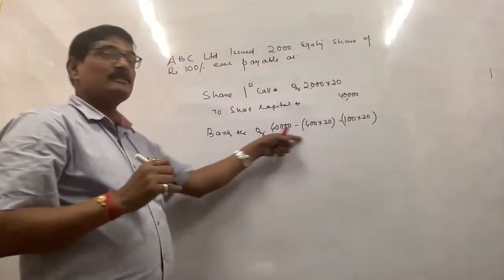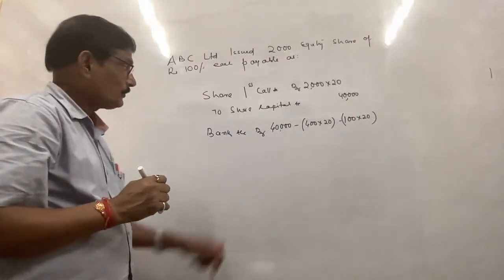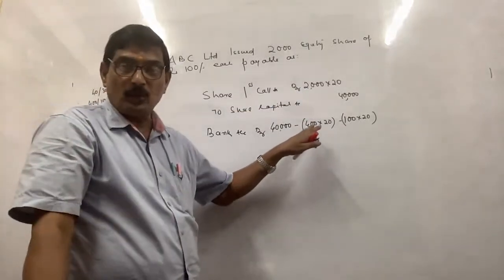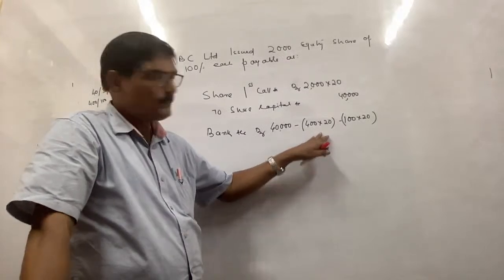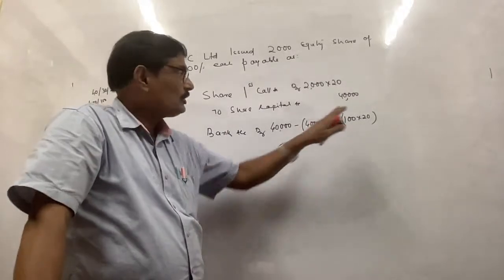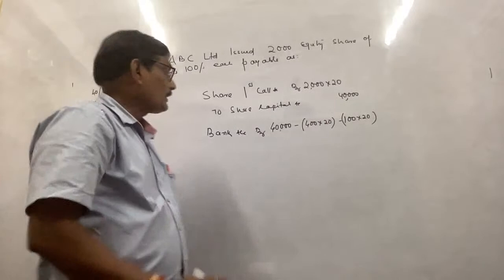I am writing this just to make you understand. You should not write in this way in the examination. I was supposed to receive 40,000. Holder of 400 shares, they are not paying first call money because they have not paid the allotment also. And holder of 100 shares, they are not paying the first call money.